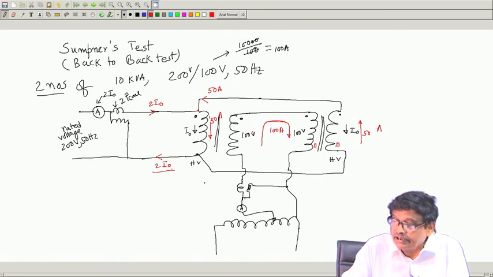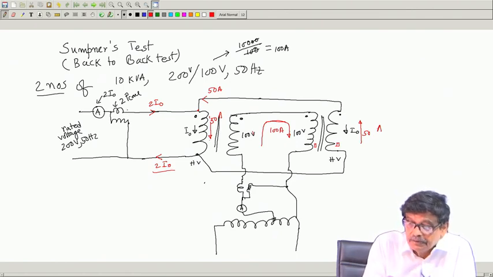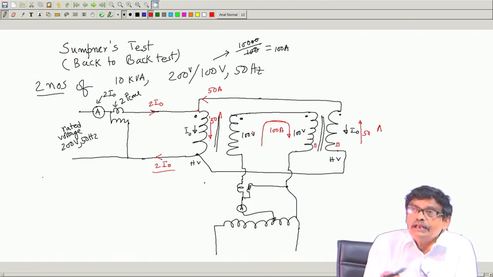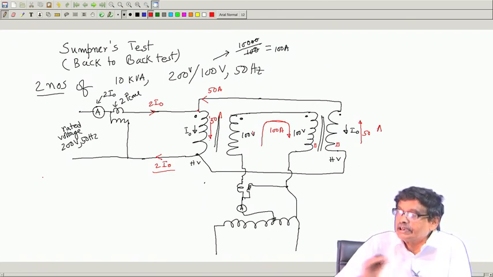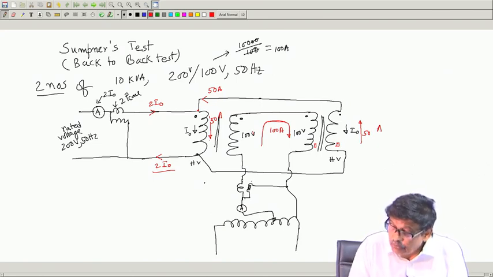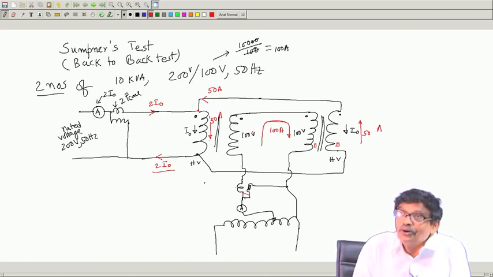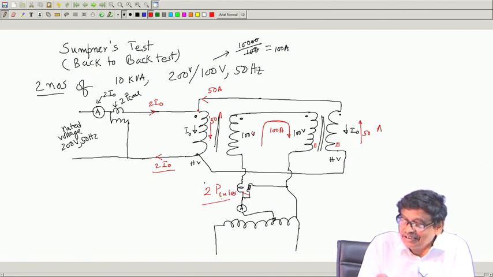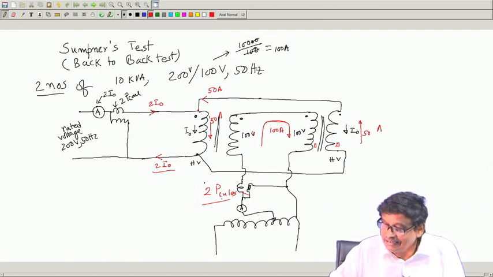So, both the losses are present here. This wattmeter draws supply from this supply, which is equal to 2 times the core loss of individual transformers. This wattmeter will record what? Only the copper loss, 2 times the full load copper loss, is not? Because this current, equivalent resistance, this that.